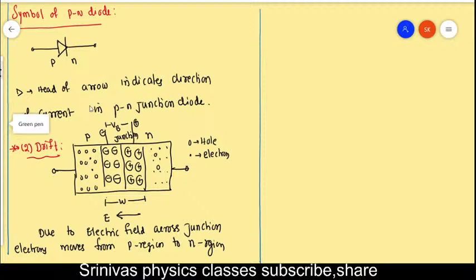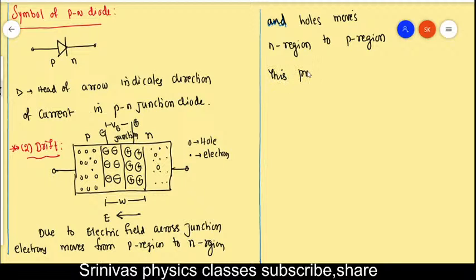The holes are the minority charge carriers in the n region, and the holes move from the n region to the p region. This process is called what? Drift.